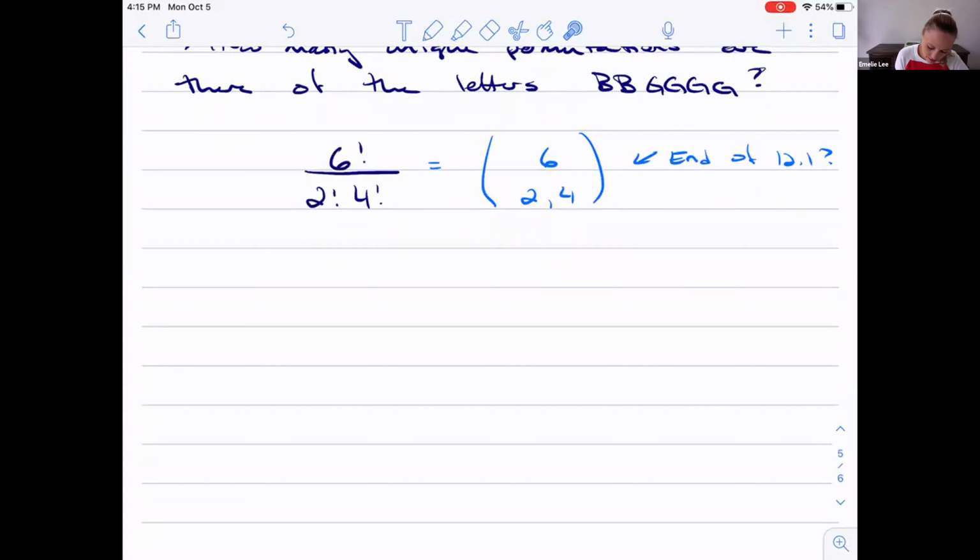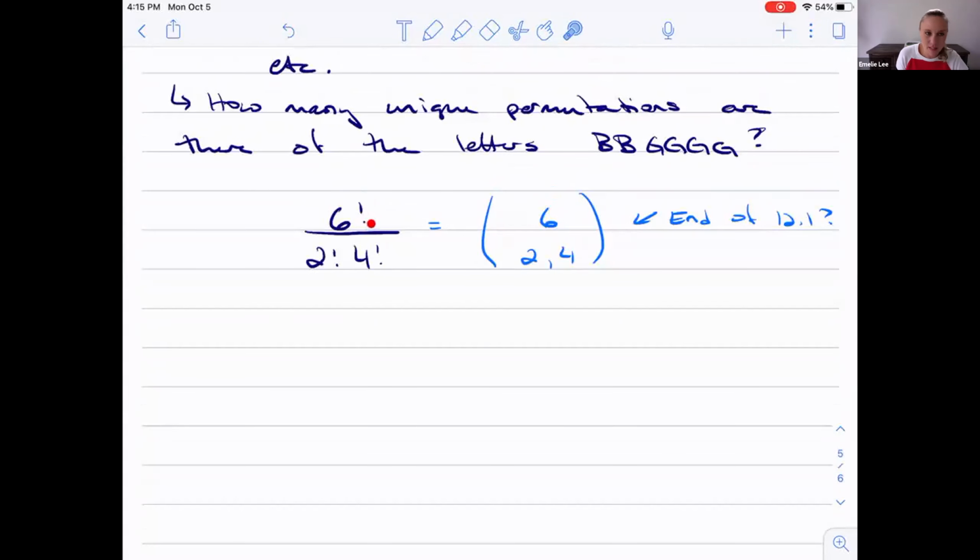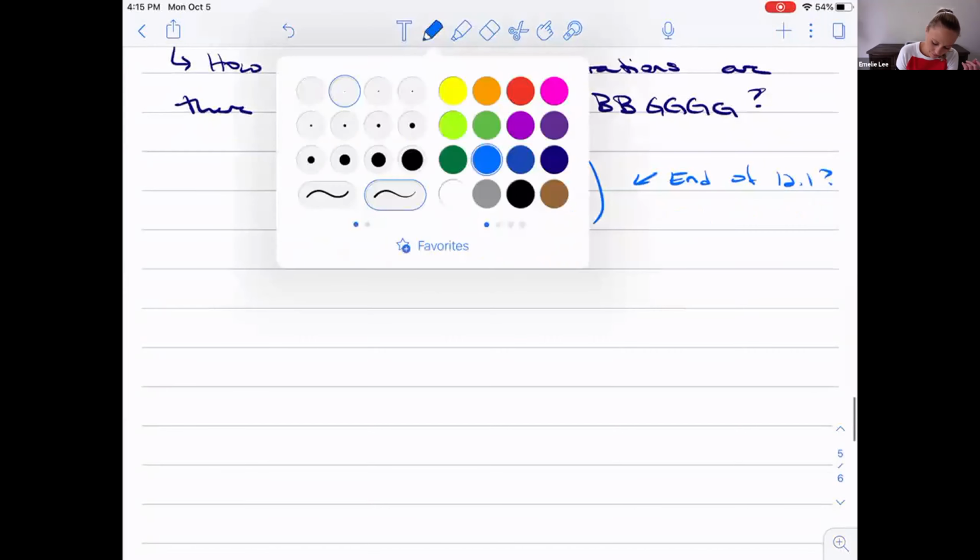So here, this is how many letters you have, just treating it the same way you would one of those word permutations: how many permutations are there of the letters in a word? And then you would divide by the number of replicates, I guess you could call them.